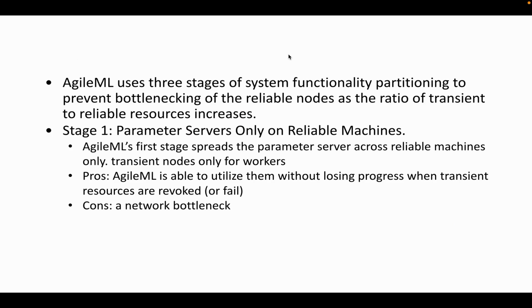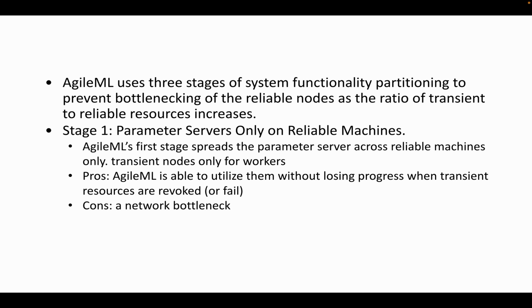The higher level, detailed overview of stage 1, in which parameter servers are only on the reliable machines. For all the ML algorithms, the parameter data is stored at the parameter server at the reliable resources, and the workers are at the transient nodes.